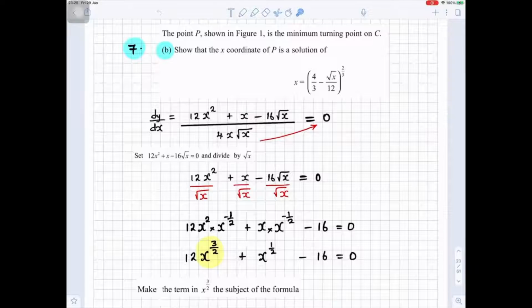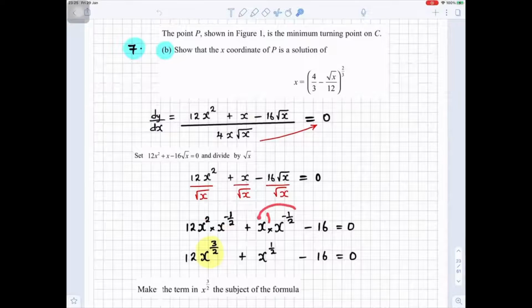If we divide everything by square root of x, that will still be 0. What would happen is square root of x can come to the top, it becomes x to the minus a half. And this square root of x will cancel. So you're left with 16. 2 minus a half is 3 over 2.